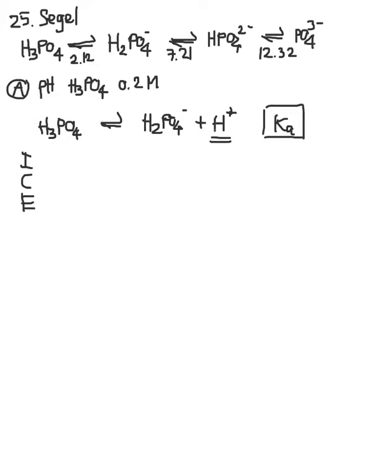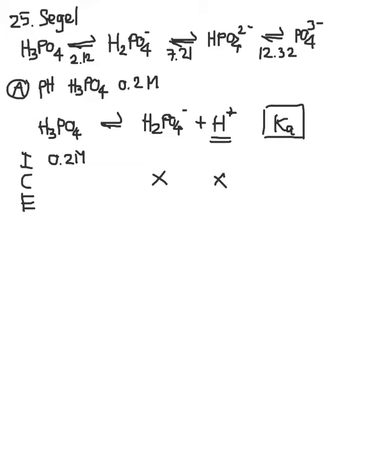So, initially, you start from 0.2 molar of H3PO4, and then when it dissociates, the amount of proton that comes out is X, the same as the amount of H2PO4 that is formed.